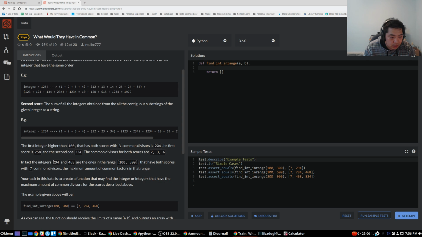That would be kind of insane if I had to do that. Oh my god, bro. There we go. This hurts my eyes a little bit. Your task is to create a function that may find the integer or integers that have the maximum amount of common divisors for the scores described. Okay.